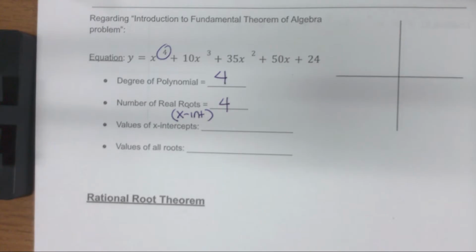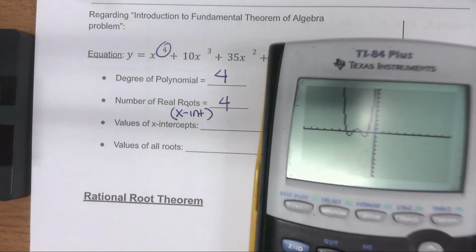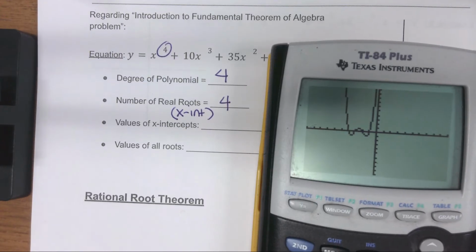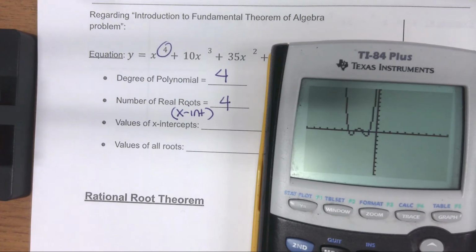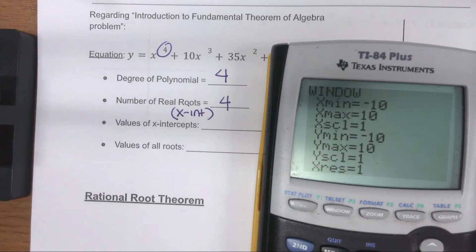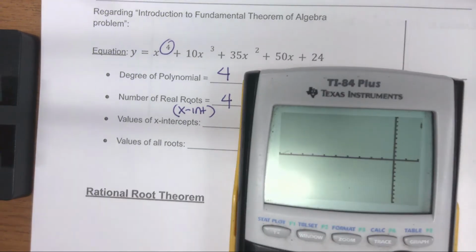So then what is the value of my x-intercepts? Can you tell from my graph what you think they are? I'm going to zoom in a little bit. I'm going to go from -10 just to 2 and see if you can see it a little bit better, because they're all over here. Each one is a tick mark.